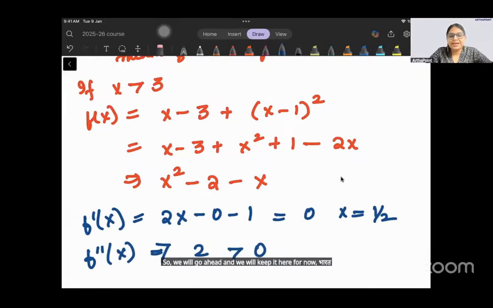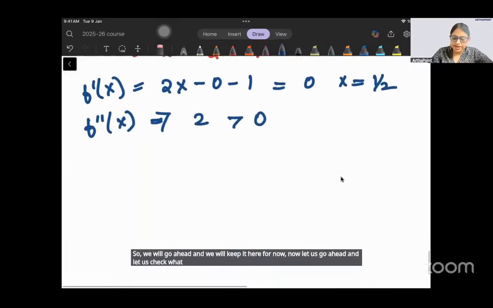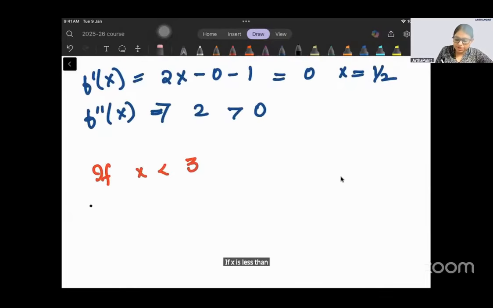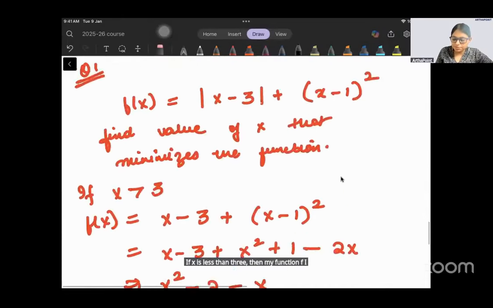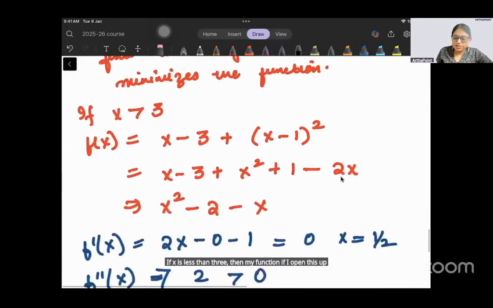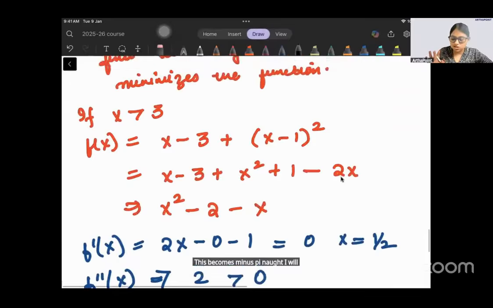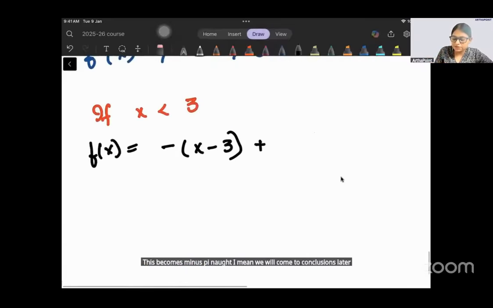Now let's go ahead and check what happens when x is less than 3. If x is less than 3, then my function, if I open this up, this becomes minus. We'll come to conclusions later. We just need to solve this mathematically first.